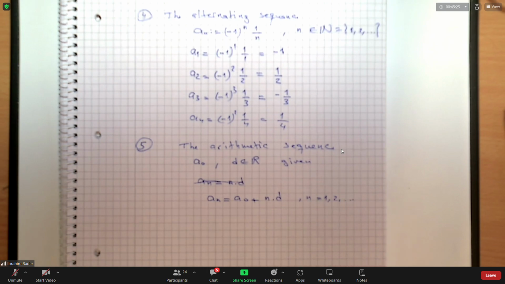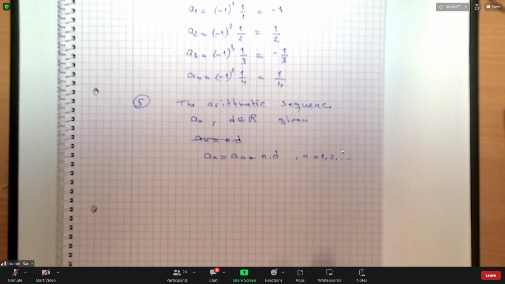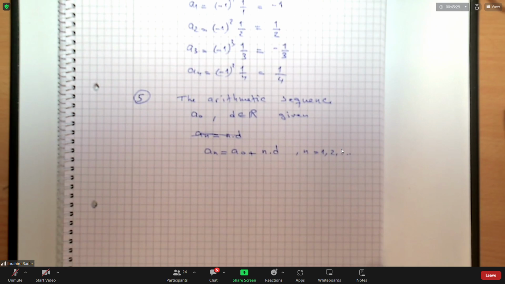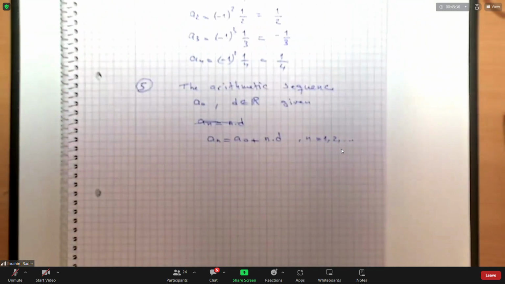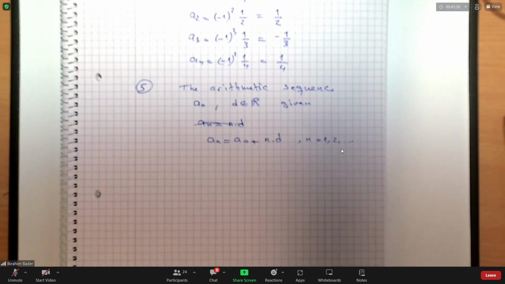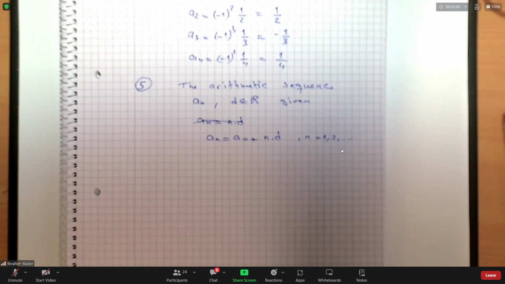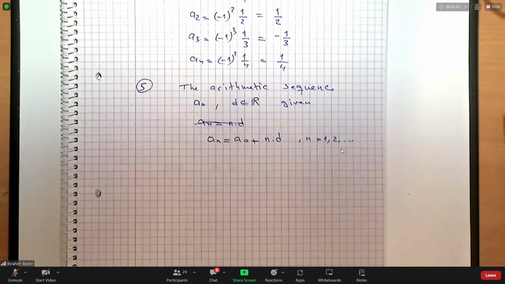Okay. So given usually the first element and a constant D, each further element is generated by adding n times this D to the first element.